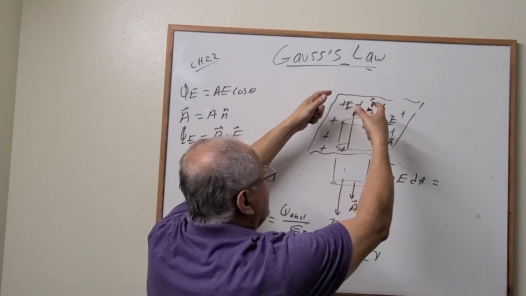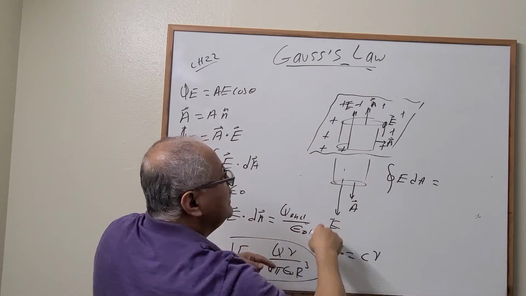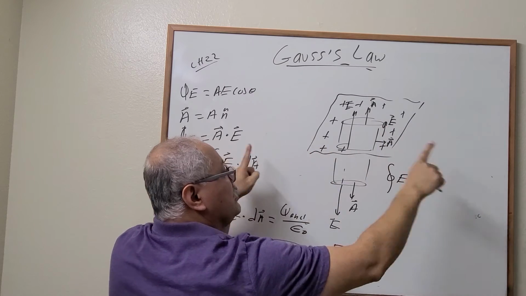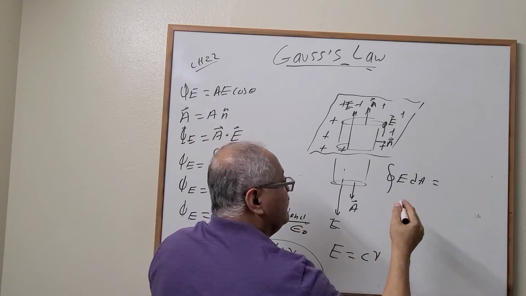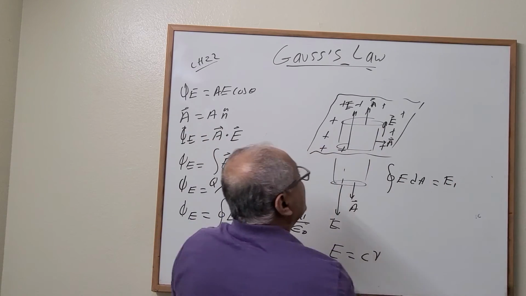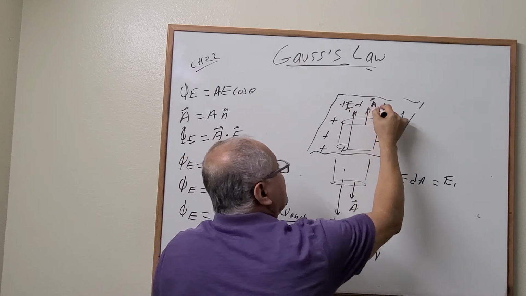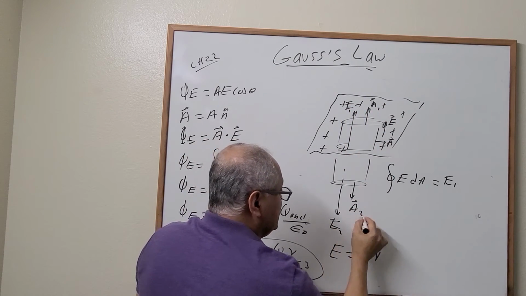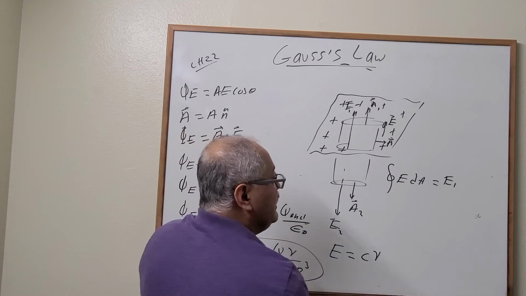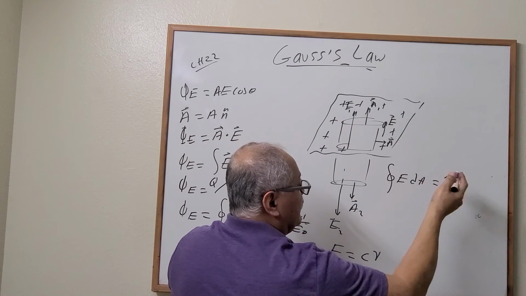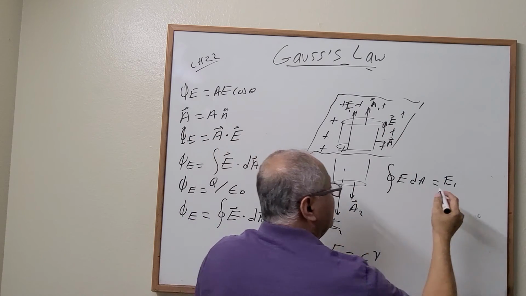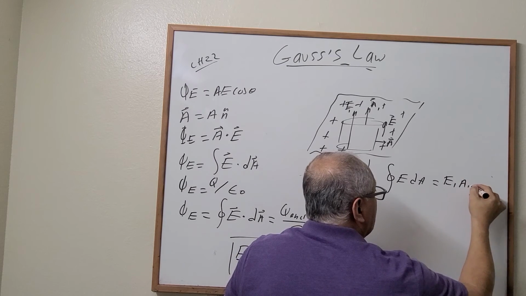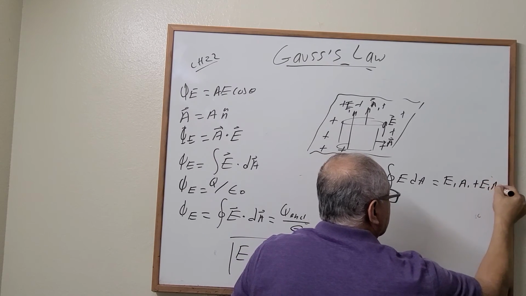We have flux going up and flux going down, but we don't have flux going to the side. So let's call this surface 1 and this surface 2. Then the total product is going to be E1 A1 plus E2 A2.